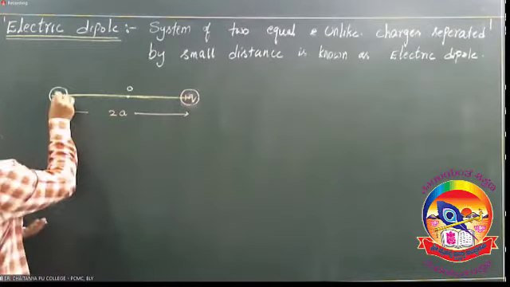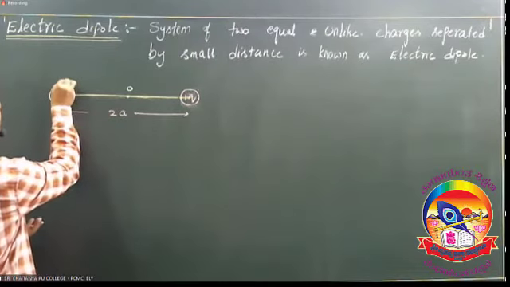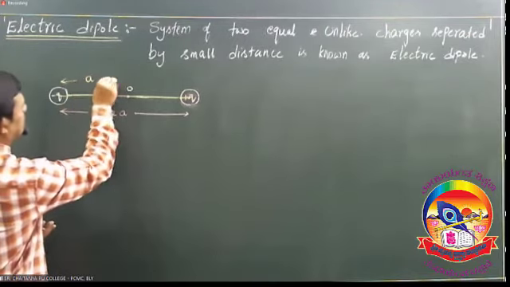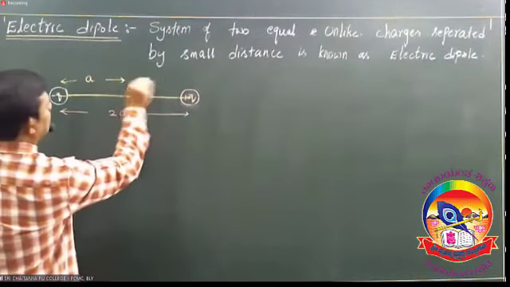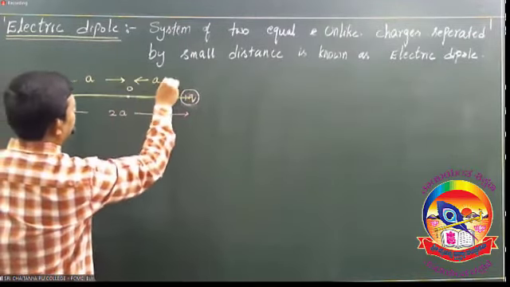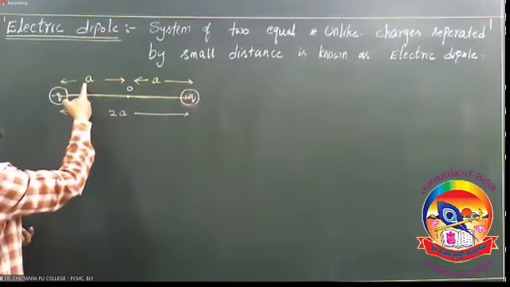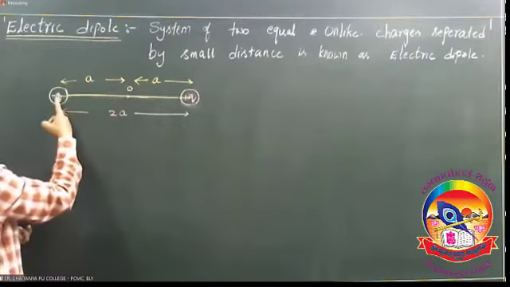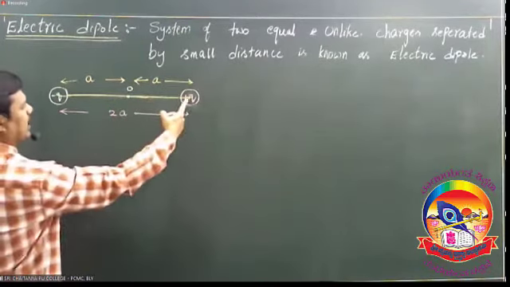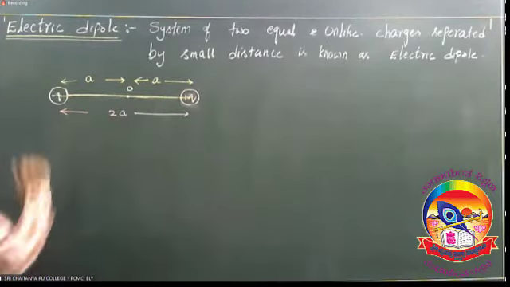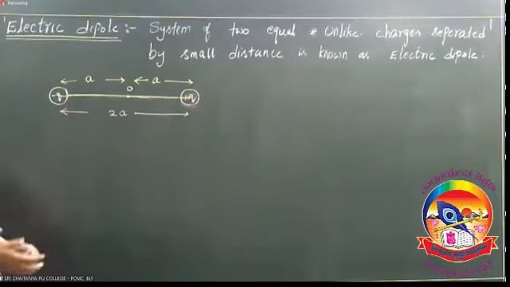Then from each charge to the center, the distance is a and a. From this charge to this charge, distance is 2a. Right? This configuration, you call it as an electric dipole.